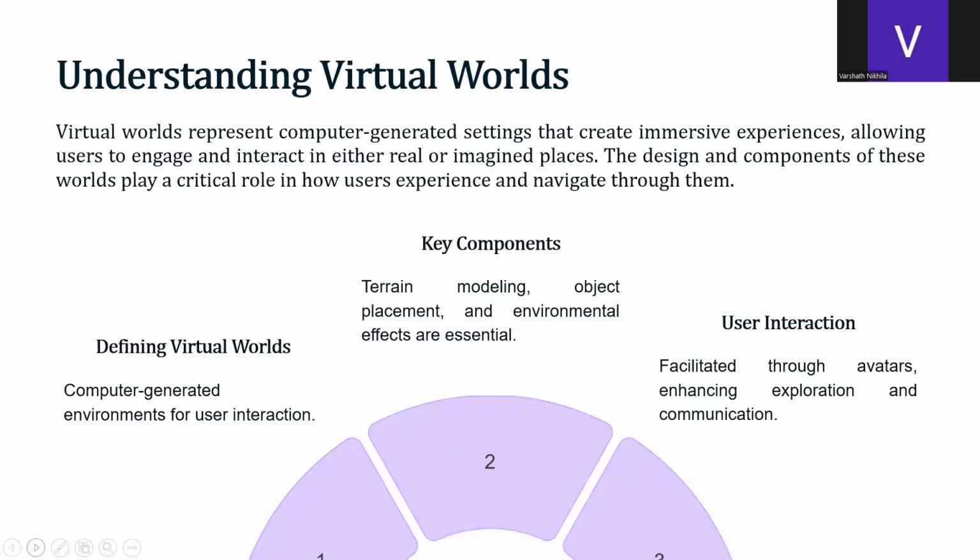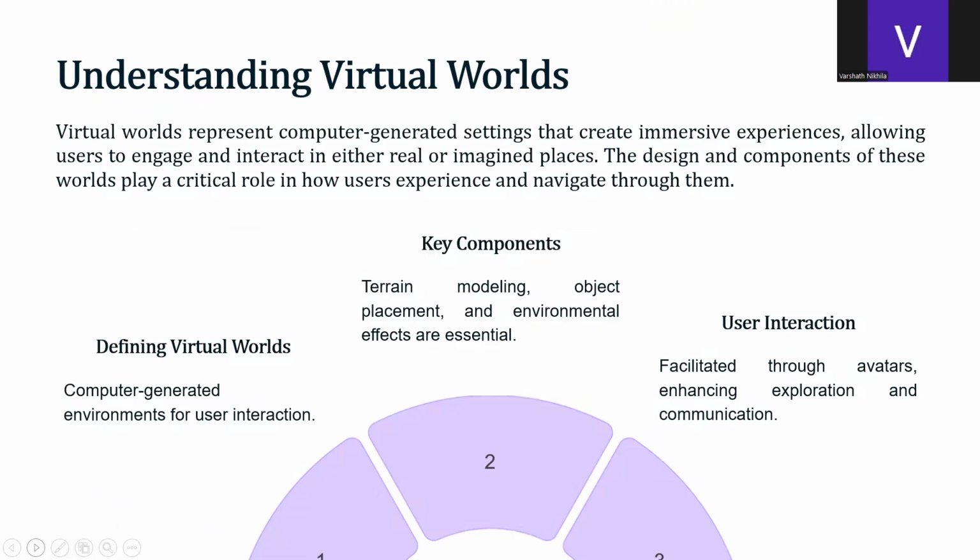Now, understanding visual worlds. What exactly are visual worlds? They are digitally constructed environments that simulate real or fictional places. Think of video games like Skyrim, virtual meetings in Meta Horizon, or VR simulation for military training.